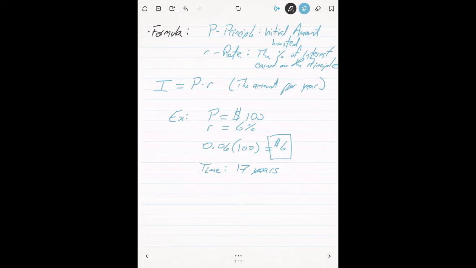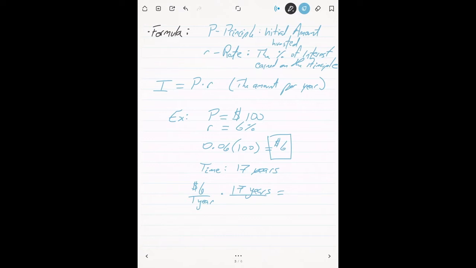Hopefully this isn't too difficult of a problem for you. Really what it's saying is you get $6 per year, so $6 for every 1 year, and it's been 17 years, so you end up with 6 times 17.